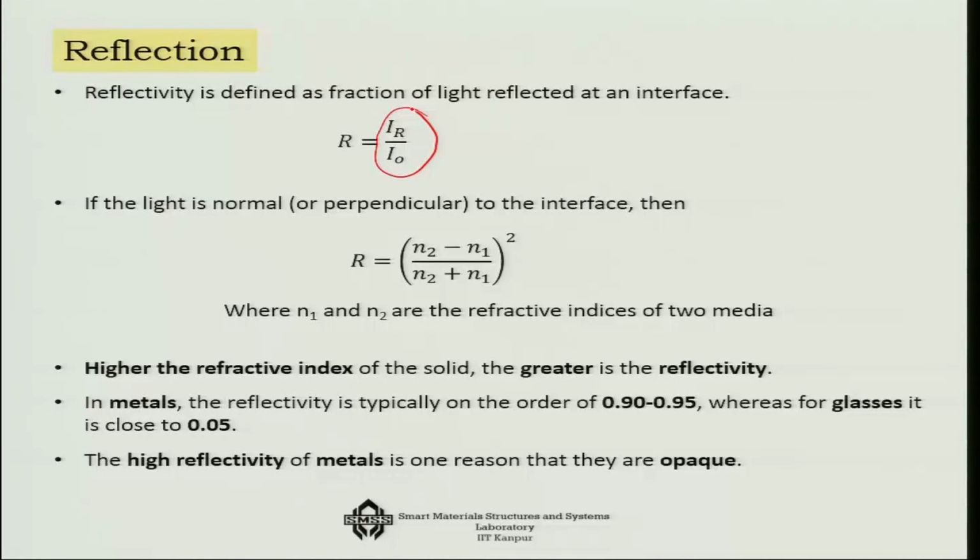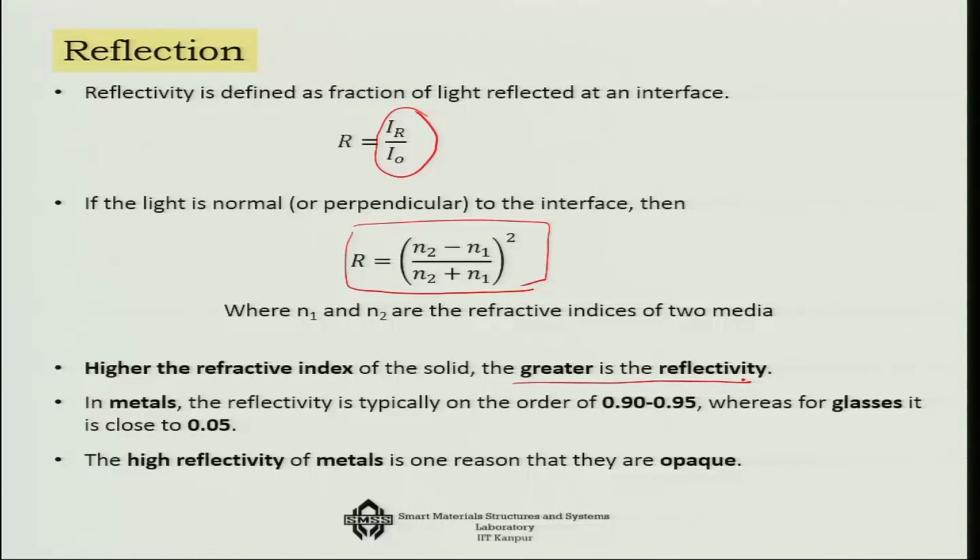If the light is normal or perpendicular to the interface, then R can be derived to be (n2 minus n1) whole square by (n2 plus n1) whole square, where n1 and n2 are the refractive indices of the two media. Higher is the refractive index of the solid, the greater is the reflectivity of the medium.